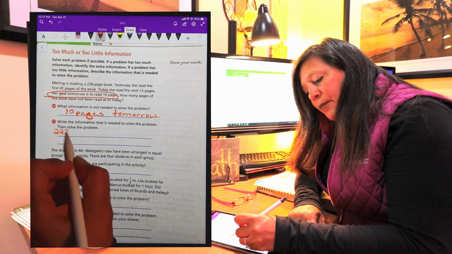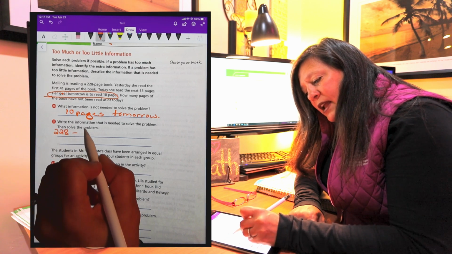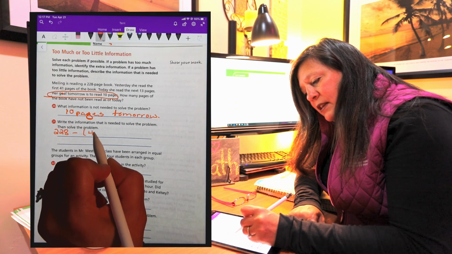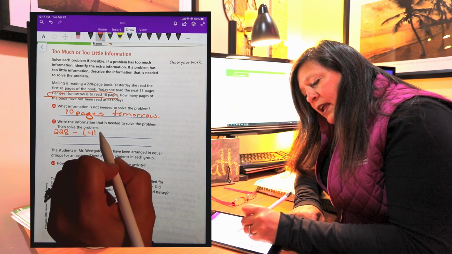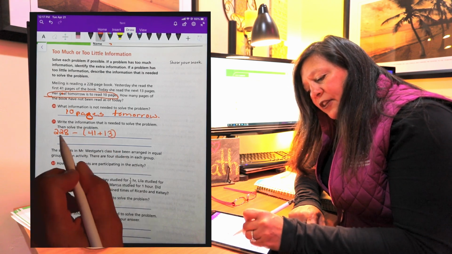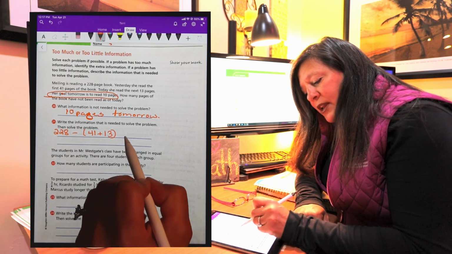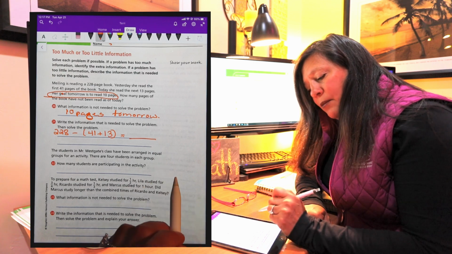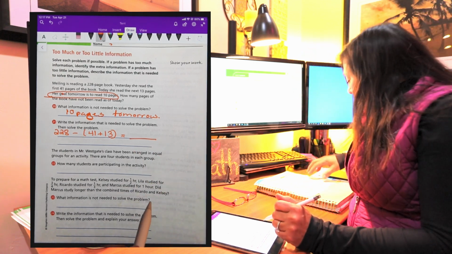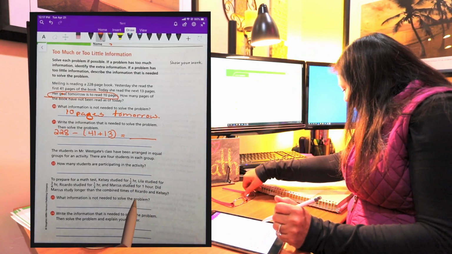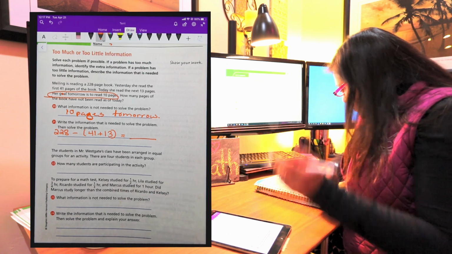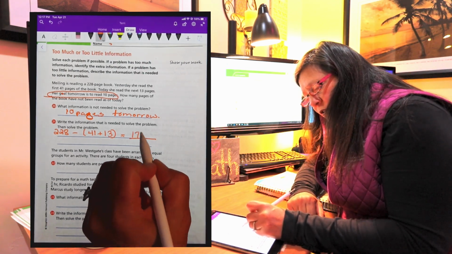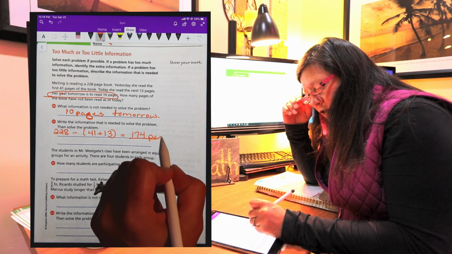The total of the book is 228. So we're going to take our 41 and our 13, add those together, and subtract them from the 228 pages. That's what we need to know. And that's going to give us how many pages have not been read. Your total would be 174 pages that she has not read.